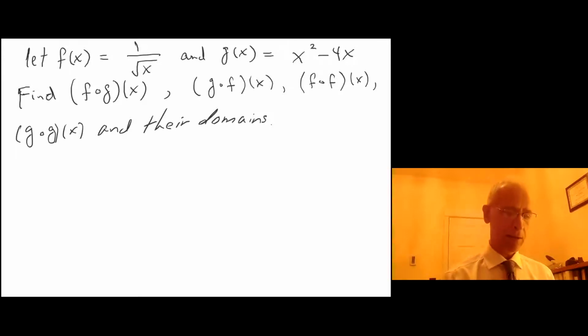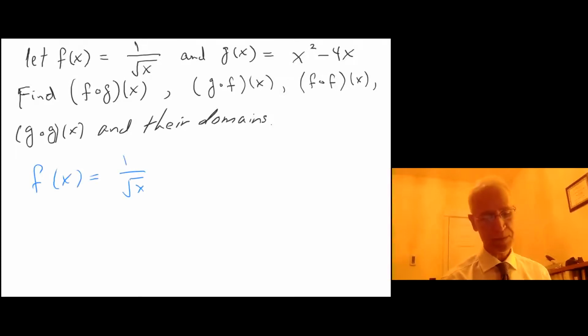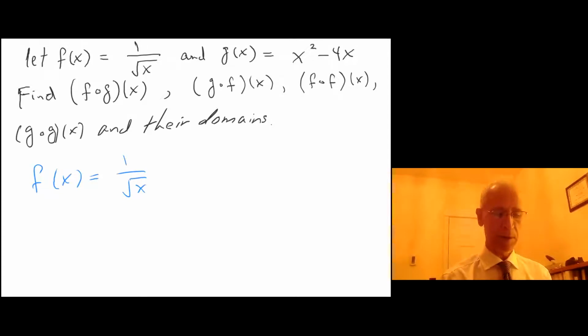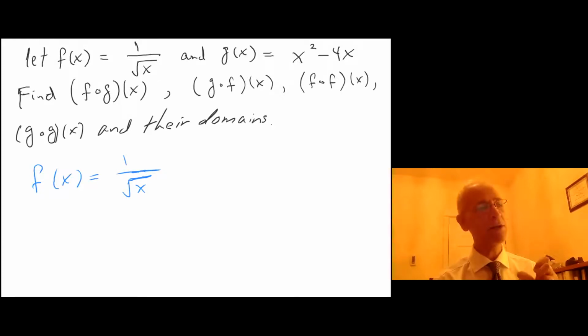separately. Looking at f of x, I have f of x equals 1 over square root of x. So for f of x standing alone, the domain, we know that x has to be 0 or any positive number to have square root of x, but not 0 in this case, because when x is 0, square root of 0 is 0.